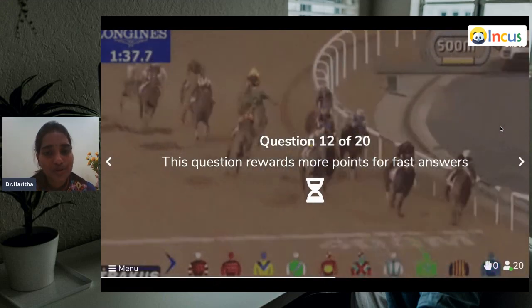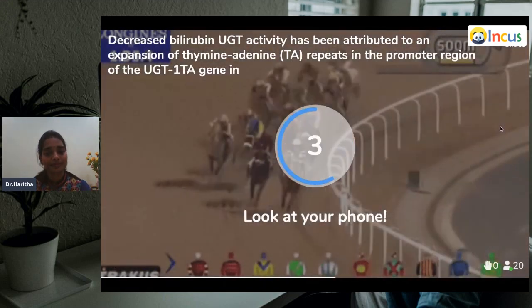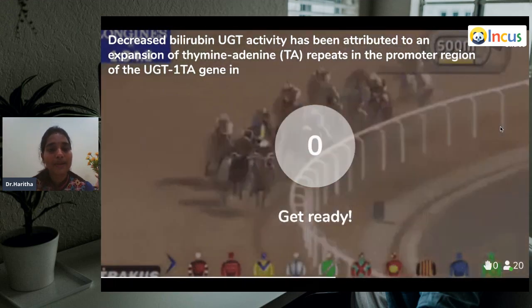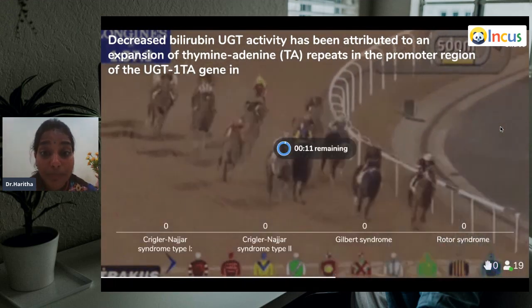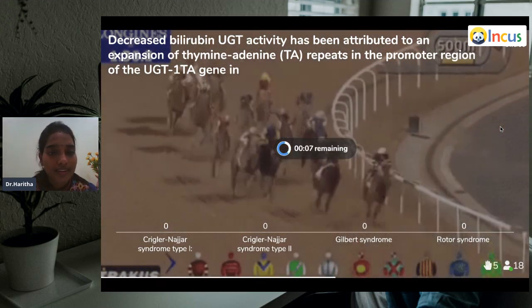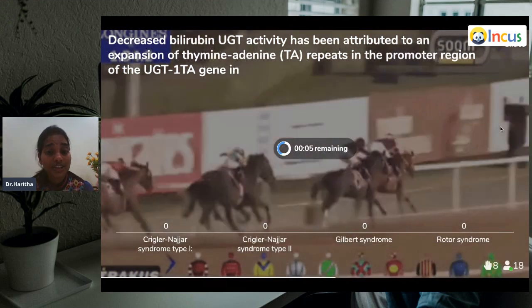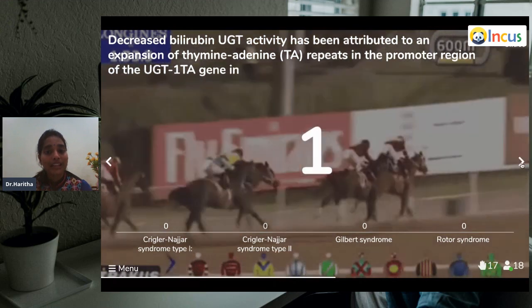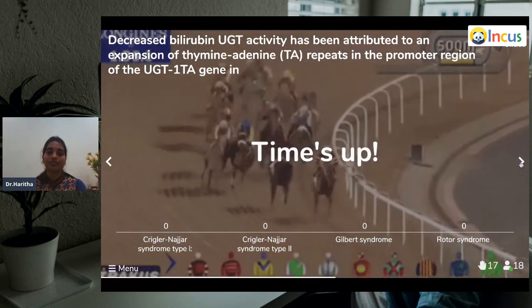Okay, let's go to the next question. Decreased bilirubin UGT activity has been attributed to an expansion of thymine adenine TA repeats in the promoter region of the UGT1A1 gene in Crigler-Najjar syndrome 1, Crigler-Najjar syndrome 2, Gilbert, and Rotor syndrome.